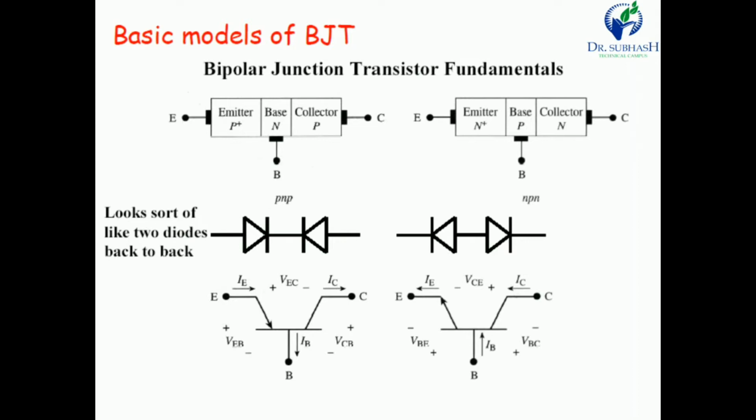Whenever we connect two diodes back to back, with both cathodes connected to each other and the anodes at the different ends, it works as a PNP transistor. Here in the diode this is P type material and this is N type, and also this is P type and N type. That means N type is common between the two diodes and P type is at the different ends.